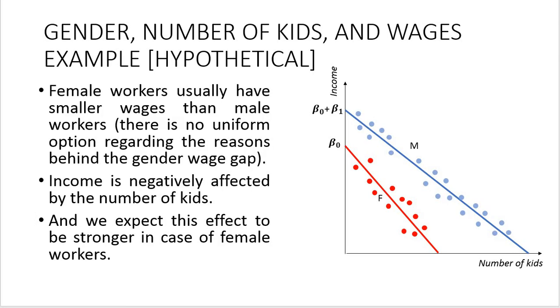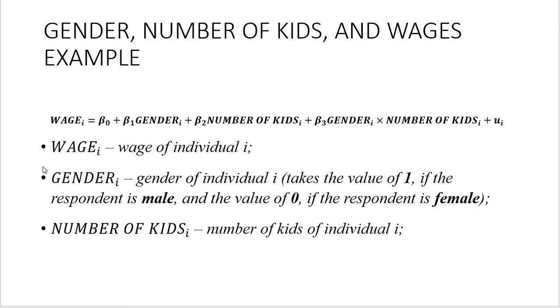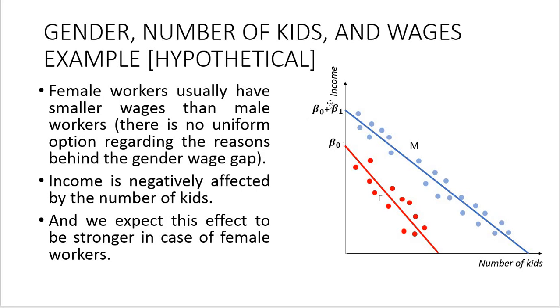If we assume that gender has a positive and statistically significant coefficient, so males indeed earn more than females, then the intercept for males will be located here. We expect that the sum of beta 0 and beta 1 is bigger than beta 0 because beta 1 is positive and statistically significant, at least in our hypothetical example.